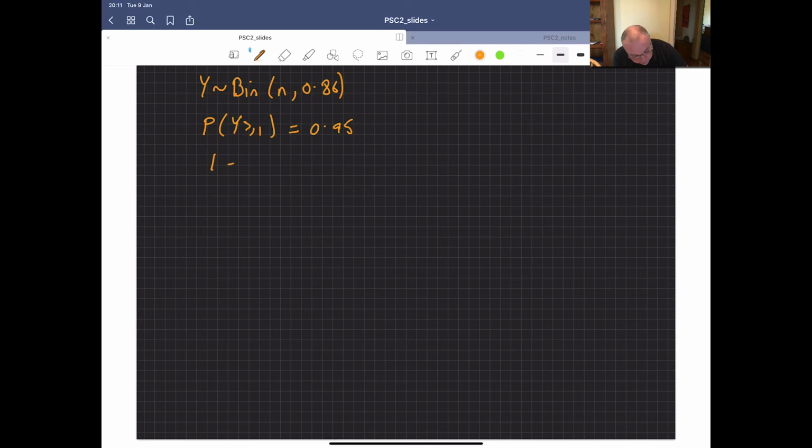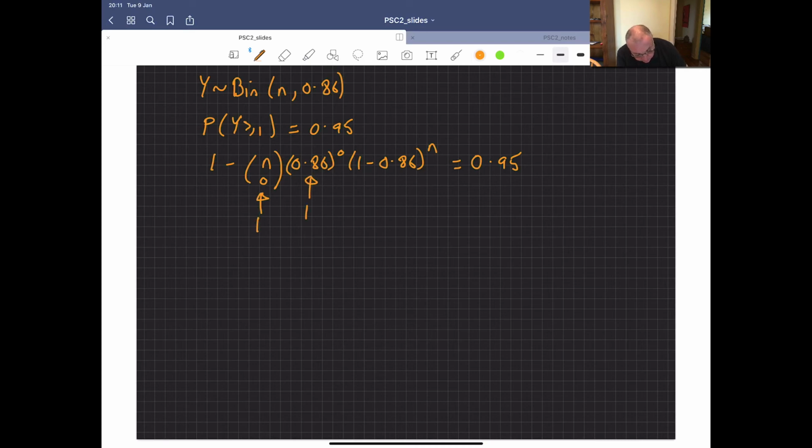That means 1 minus n choose 0, because we don't know what n is yet, 0.86 to the 0, and 1 minus 0.86 to the n, and we want that to be equal to 0.95. Well, the good thing for us is we can rearrange that and also notice that this is just 1.